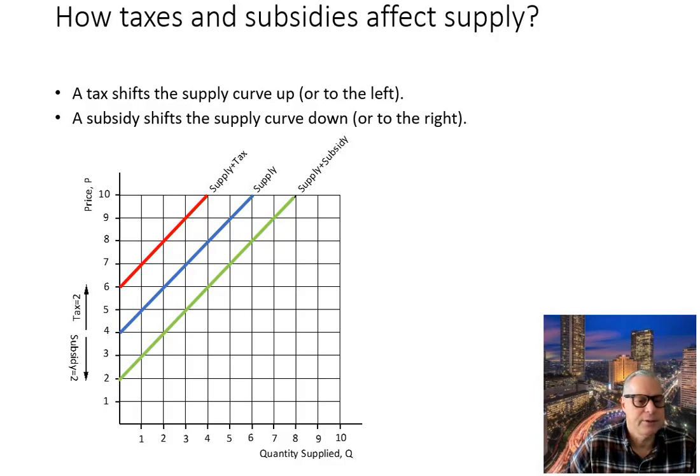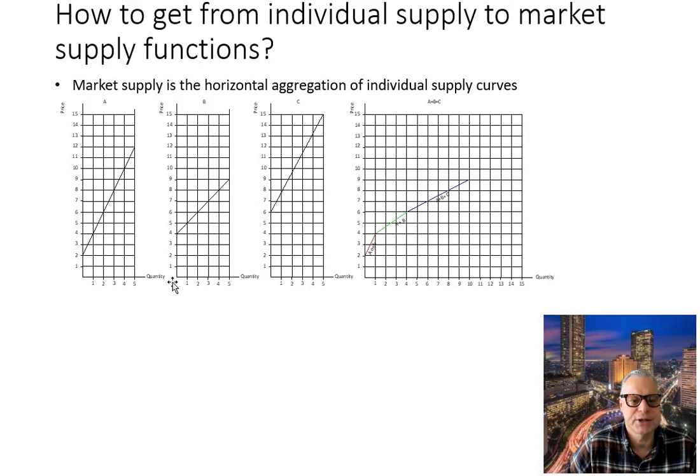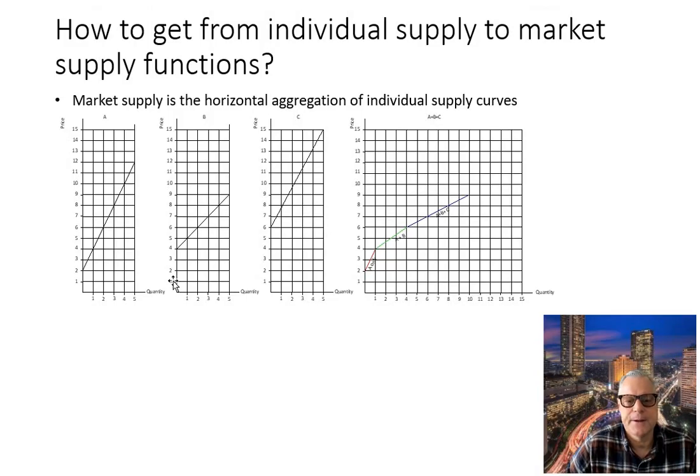Okay, so now the last aspect is again similar to what we did also in the demand. At some point we need to get from individual supply functions to the market supply function. And we do that again with horizontal aggregation.